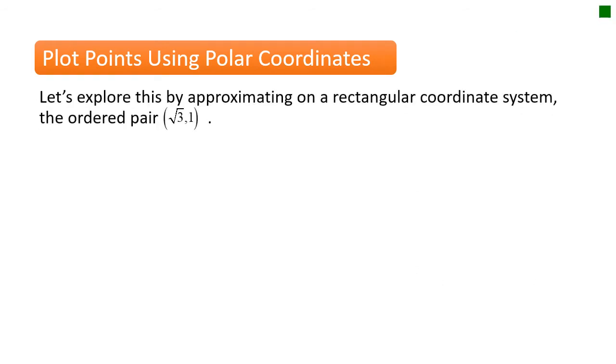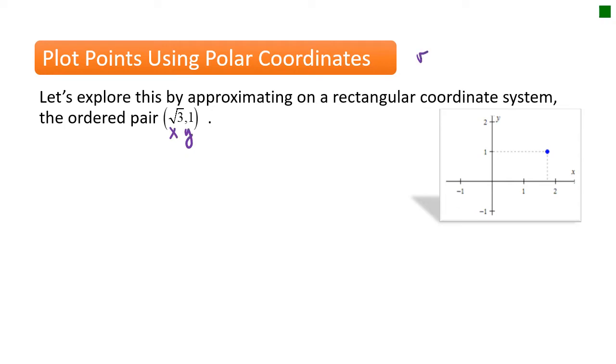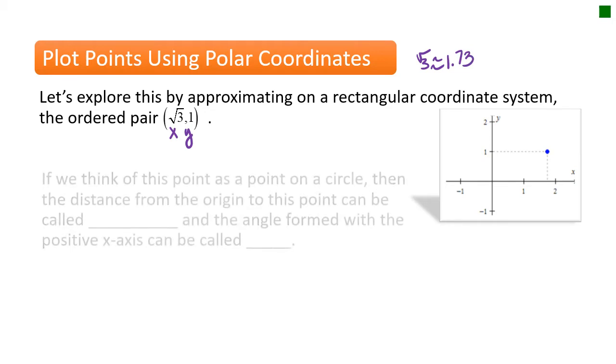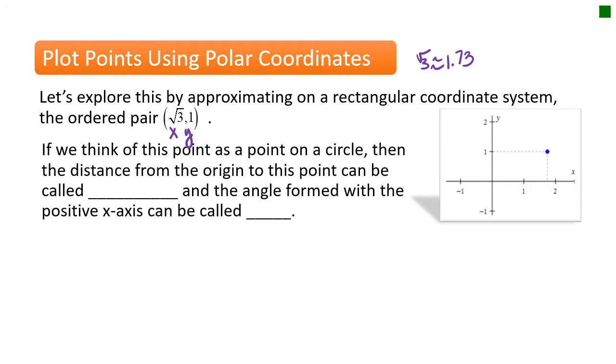Okay, so let's actually look at an example of this. If I were looking at this coordinate pair, square root of 3, 1, my x value is the square root of 3, my y value is 1. Note that the square root of 3 is about 1.73, and also note that we're in the first quadrant. Now, if we think about it as a point on a circle, imagine that circle there, with the origin being the center of it.